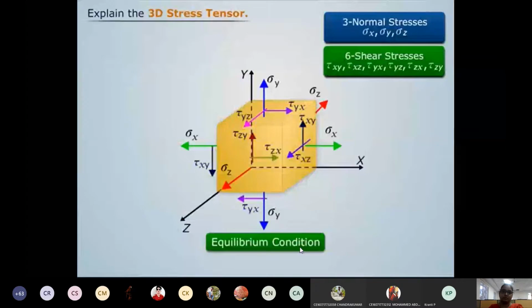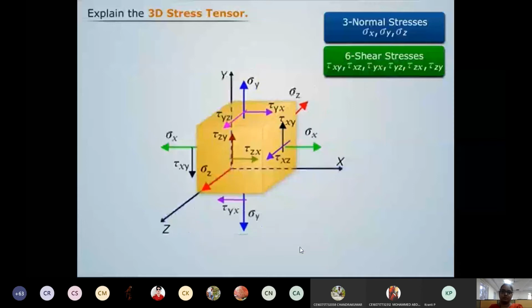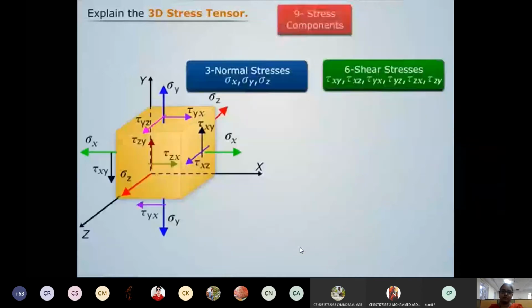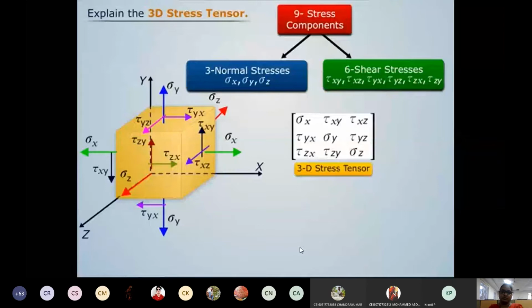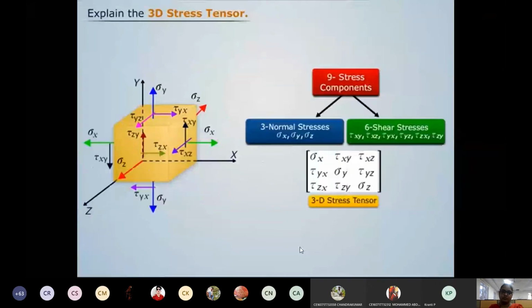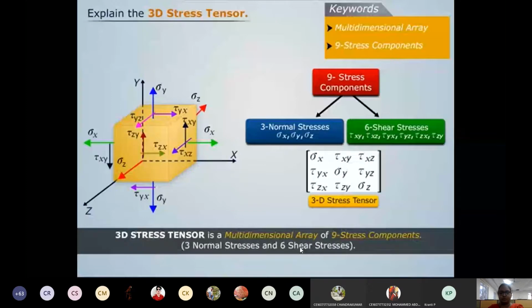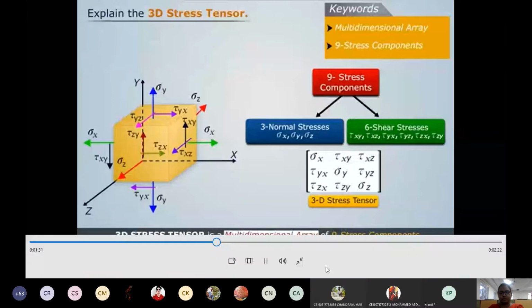Thus, to define stress at any point in a 3-dimensional space, we require 9 components of stresses, which can be represented in the form of a multi-dimensional array as shown. Such an array is termed a 3-dimensional stress tensor. Thus, a 3-dimensional stress tensor is a multi-dimensional array of 9 stress components.